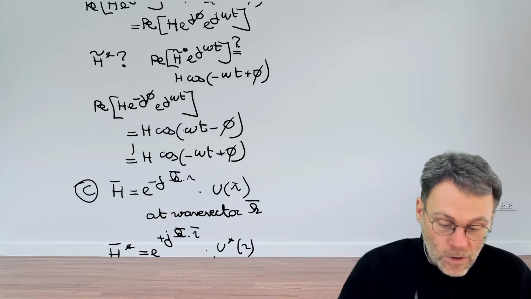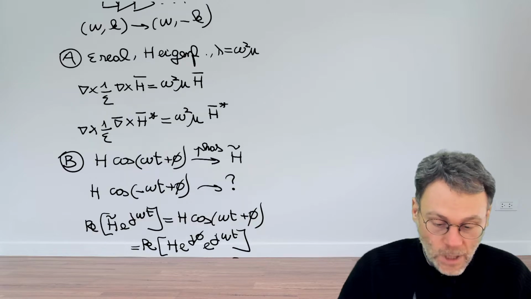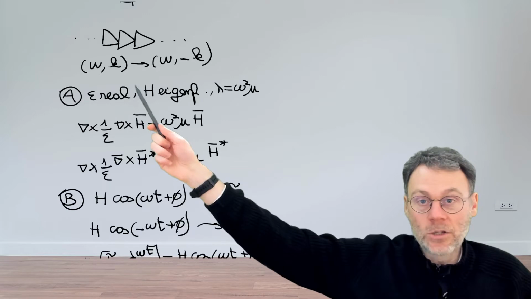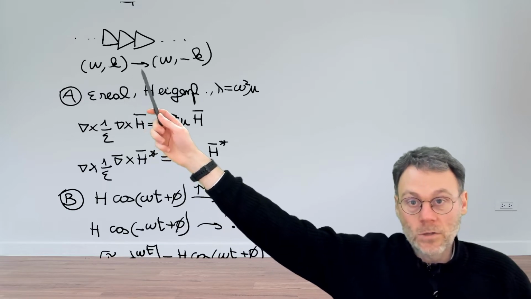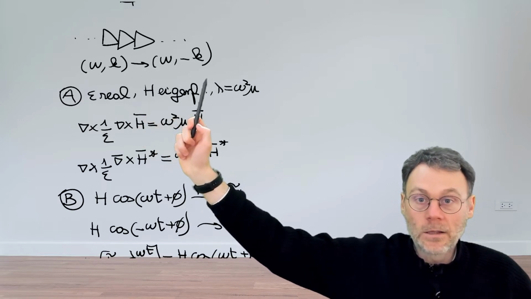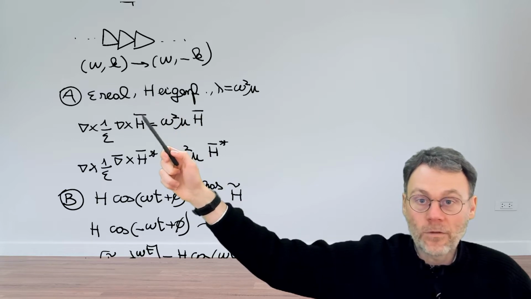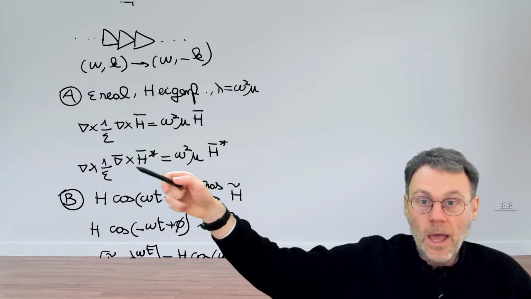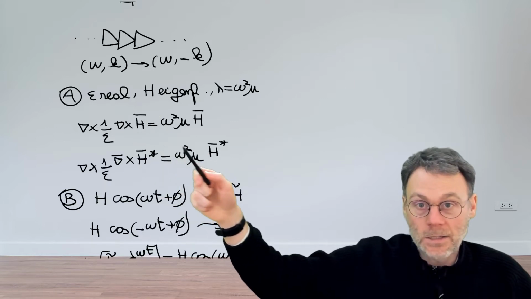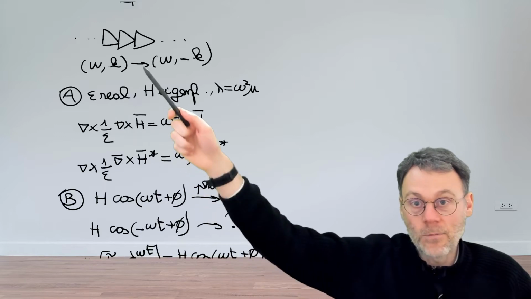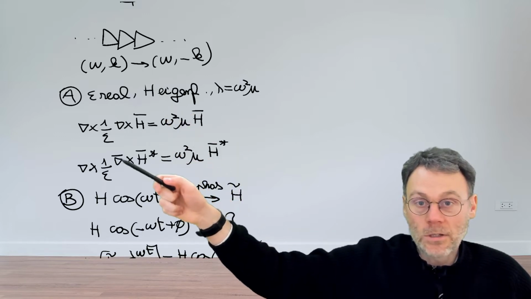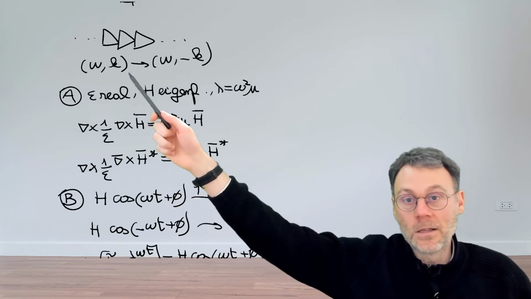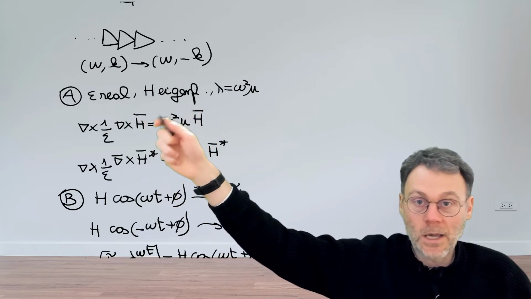If we summarize everything that we have found out so far, it is basically the following. As soon as we have a certain solution to Maxwell's equations with omega and k, then automatically we also have a solution for the complex conjugate of that field. And that complex conjugate has the same frequency, the same omega. We've just figured out that the complex conjugate is related to a Bloch mode that propagates in the negative k direction, the minus k direction.